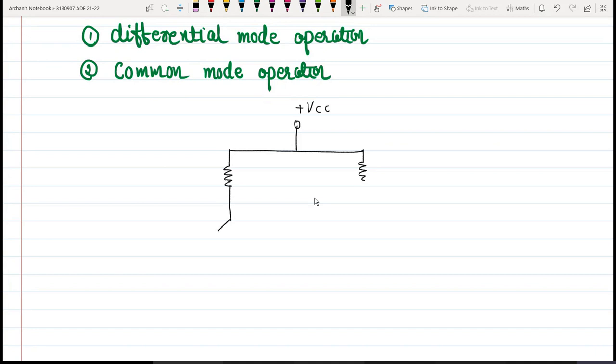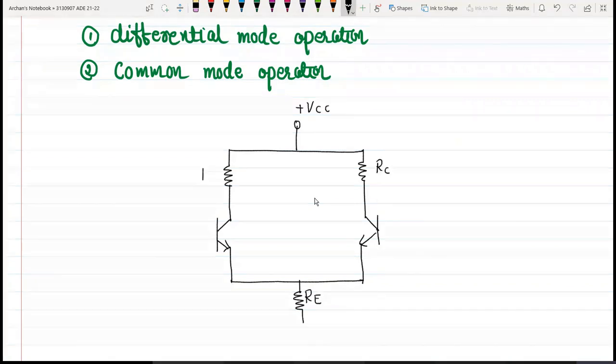This is my collector terminal of the transistor. This is the emitter terminal of the transistor. Again, this is the collector terminal, emitter terminal, and we know these two emitter terminals are connected to each other, and they are connected via some resistance RE.